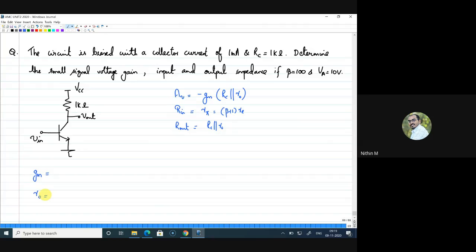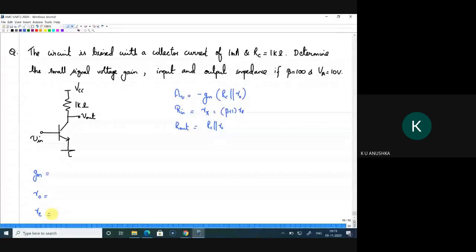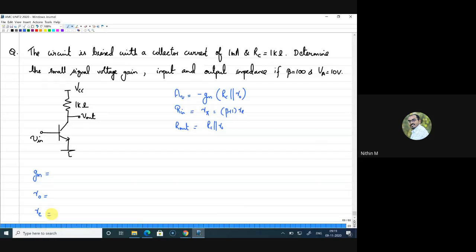Beta anyway is there, and even re also, right? These things we need to evaluate. So how to evaluate gm? I'll check with someone else. That's all right. So Anushka, how to evaluate gm? What is gm? How to evaluate gm?